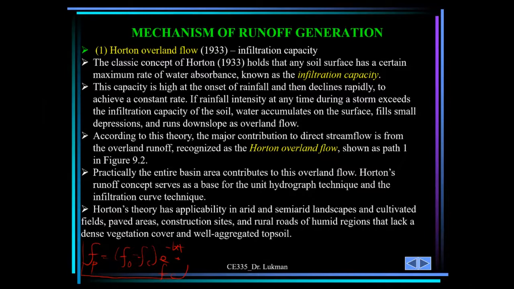This is part of the question that you did in the major 1 to find the total amount of water infiltrated. The formula was provided, you just substitute and get the answer.